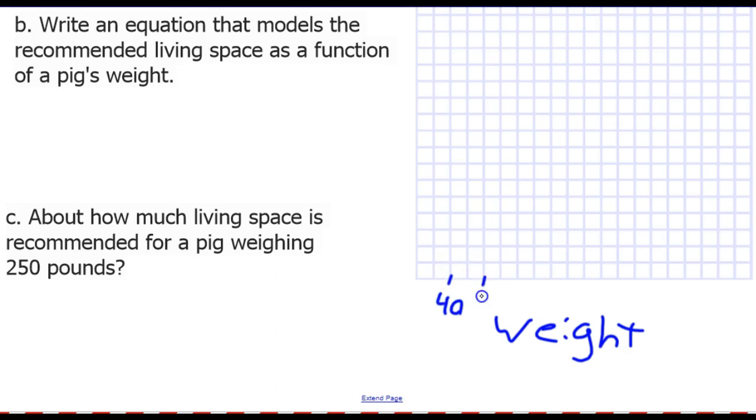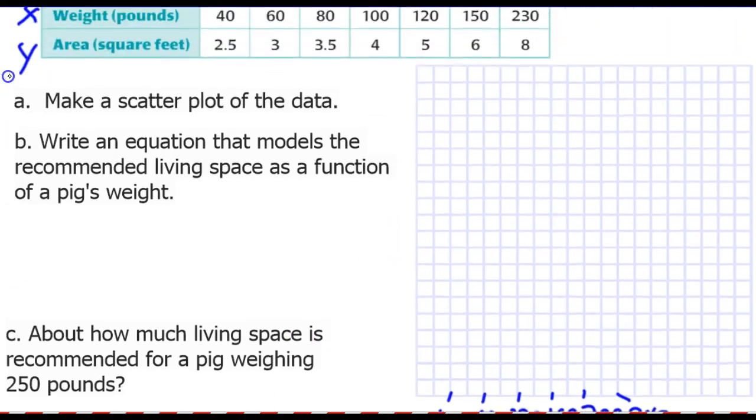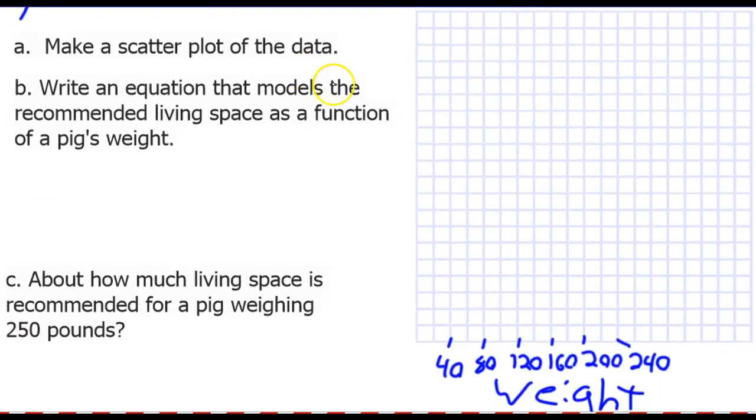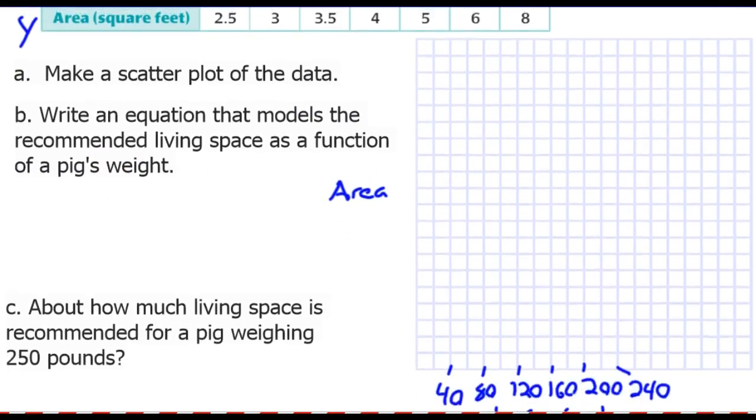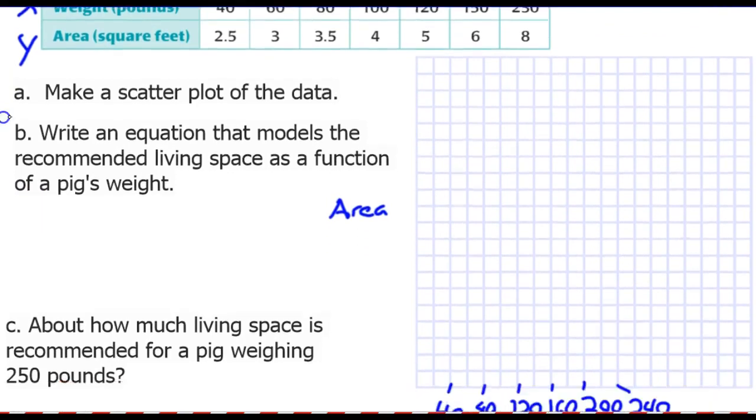So 40, 80, 120, 160, 200, and 240. Then on my Y, the area, I'm going to go up by, it looks like 1s because it's only going up to 8.